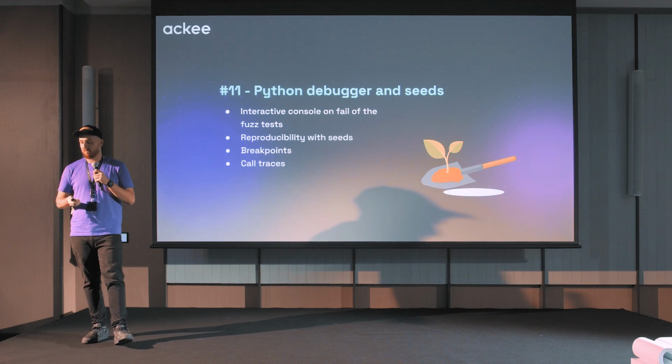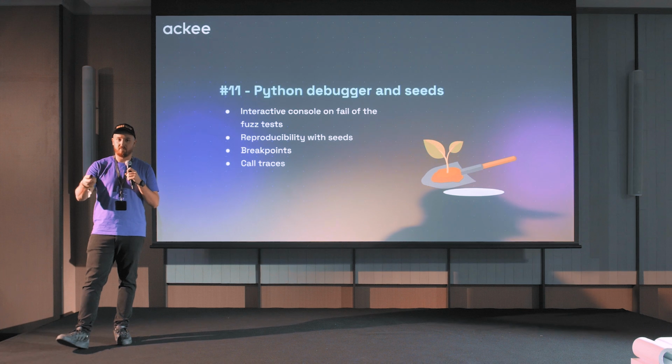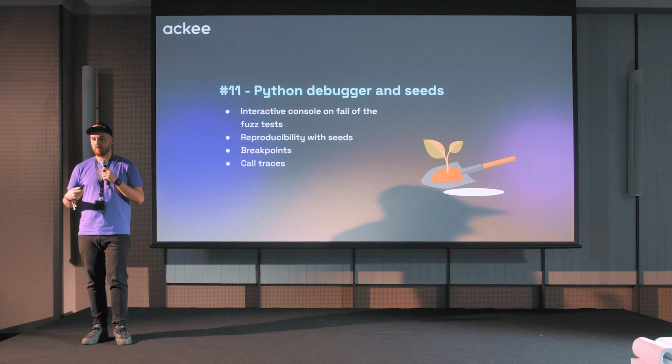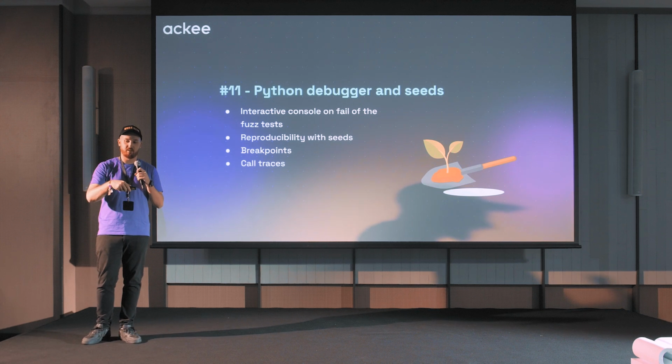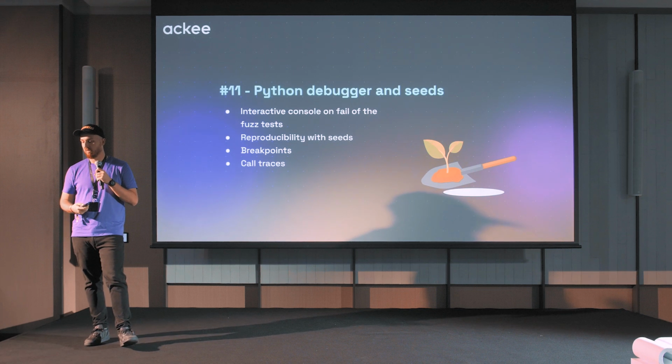So this is where seeds come in, where after each fuzz test fails, it prints the seed, and we can reproduce the same fuzzing sequence.